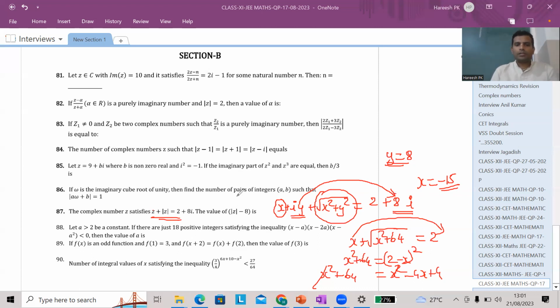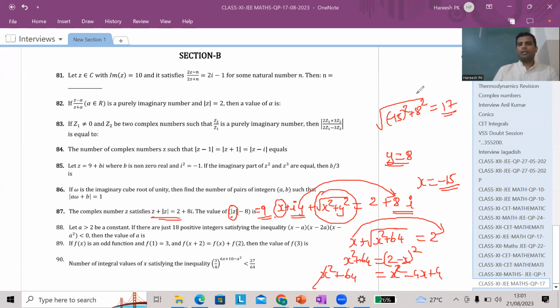So that means mod z. How much is mod z? Mod z is root of x square plus y square. So this is 17. So 17 is mod z minus 8. So 17 minus 8, answer is 9. So this is a way to solve this question.